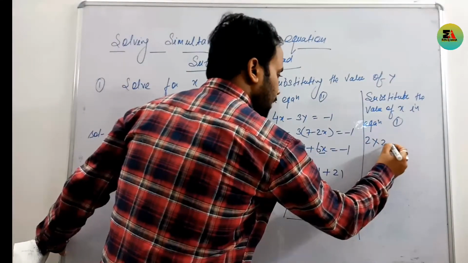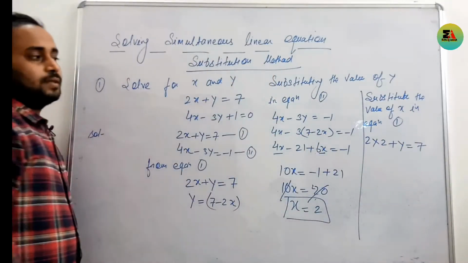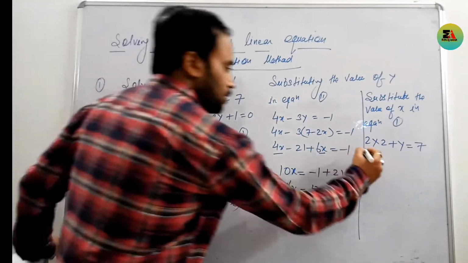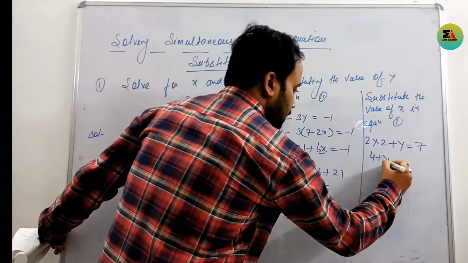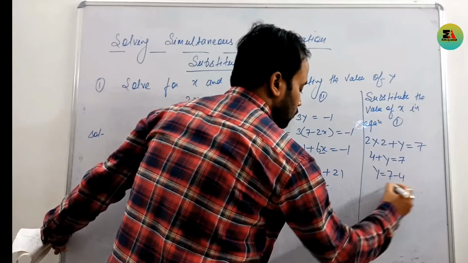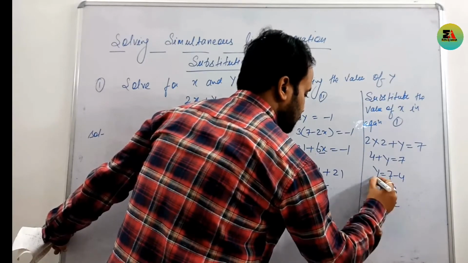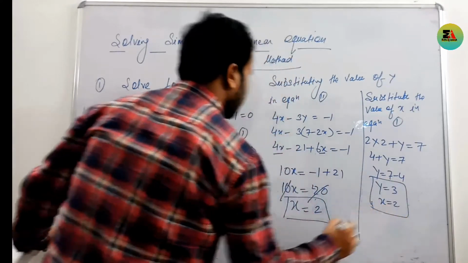In place of x, what to write? 2 times 2 plus y equals 7. I hope this is clear. Now this becomes 4 plus y equals 7. Therefore the value of y will be what? 7 minus 4, so the value of y will be 3, and the value of x will be 2. This is the solution of these equations.